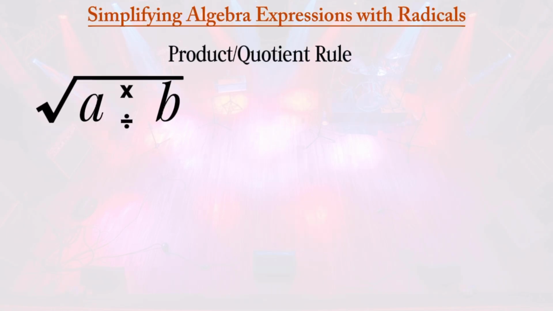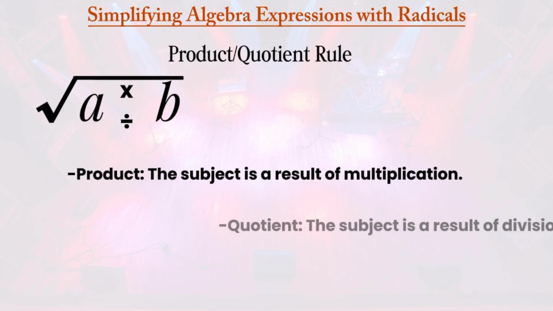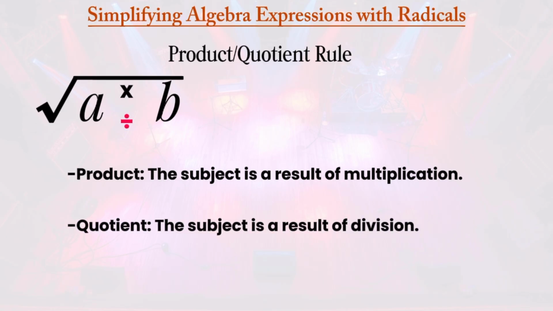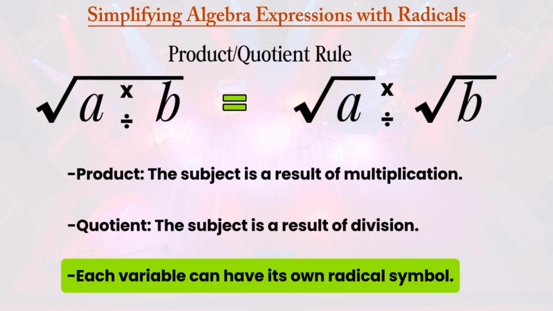When the square root of 2 or more subjects are a product, aka they are being multiplied, and/or the subject is a quotient, meaning being divided, that will allow us to split each subject into individual parts with its own radical symbol. That means the square root of a times b is equal to the square root of a times the square root of b.